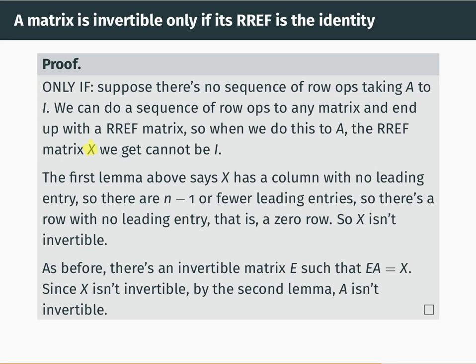But since A is n by n, well then there must be a row with no leading entry. If a row has no leading entry, it must be a zero row. So this matrix X has a row of zeros, and you know, because we proved it before, that a matrix with a row of zeros is not invertible.